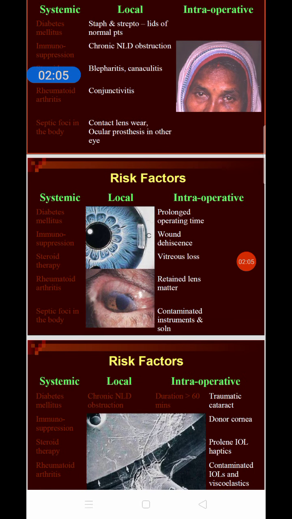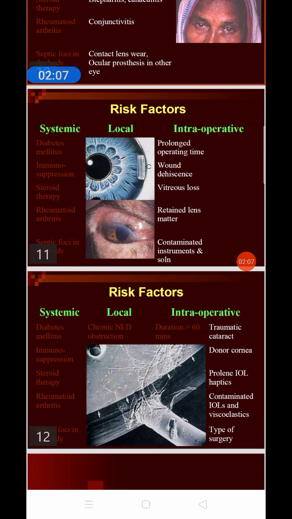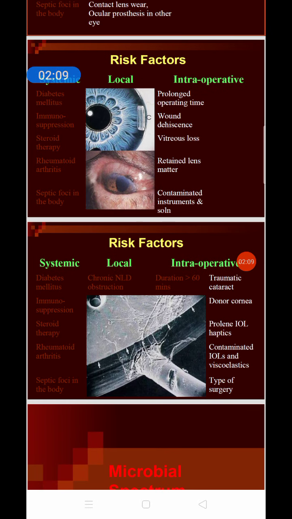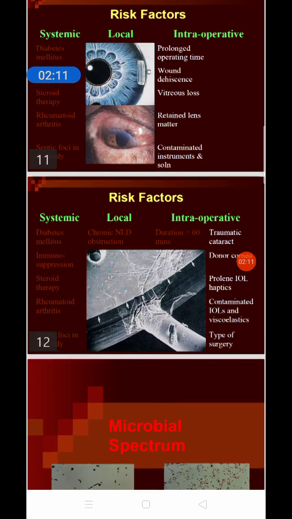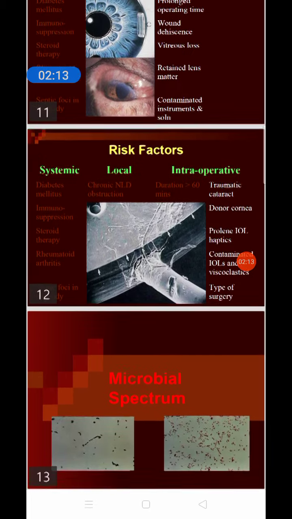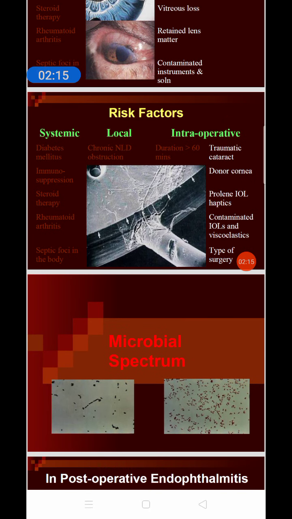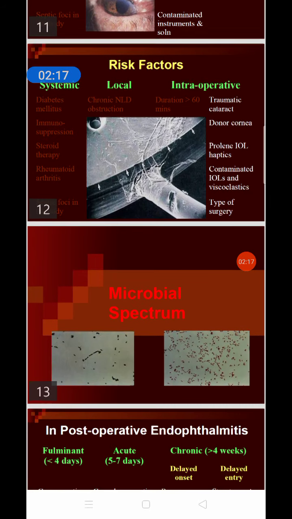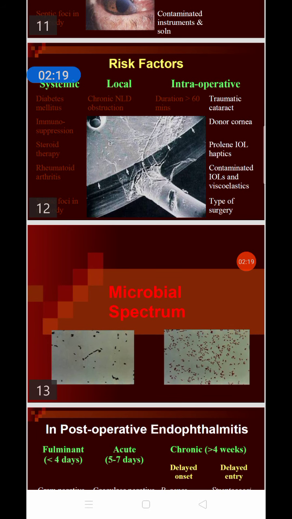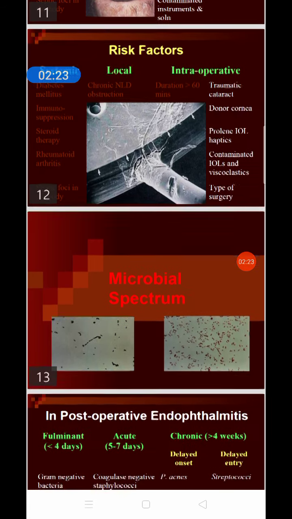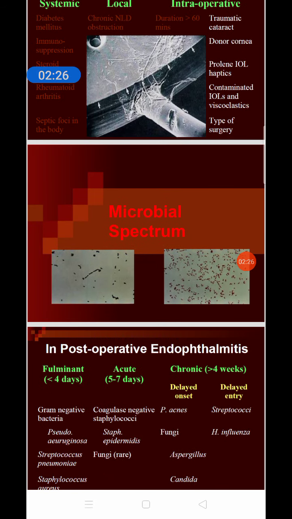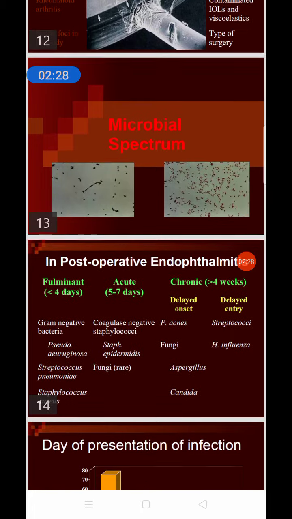Intraoperative factors could be prolonged operative time, wound dehiscence, vitreous loss, retained lens matter, or contaminated instruments or solution, or haptics, or a donor cornea, or a traumatic cataract, or depending upon the type of surgery also.